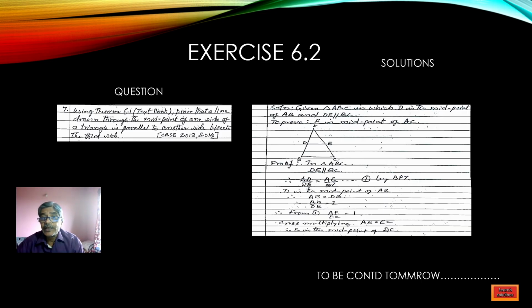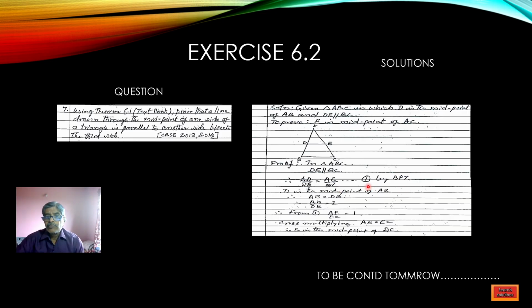We are given the triangle ABC, in which D is the midpoint of AB and DE is parallel to BC. So this is the data which is given. So proof. In this triangle ABC, DE is parallel to BC, which is already given. Therefore, we are taking proportion AD by DB is equal to AE by EC.